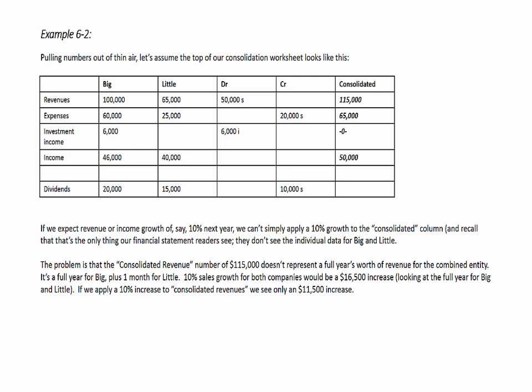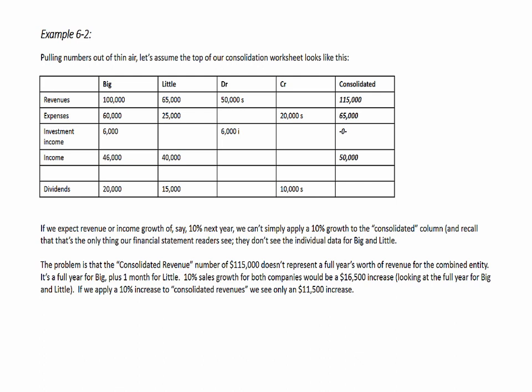Now, our financial statement readers, they don't see the worksheet. They just see the consolidated column. They just see the total column. So if a financial analyst is trying to project what would be the result of a 10% revenue increase, he'd say, well, 115,000 plus 10%, 11,500, is 126,500.